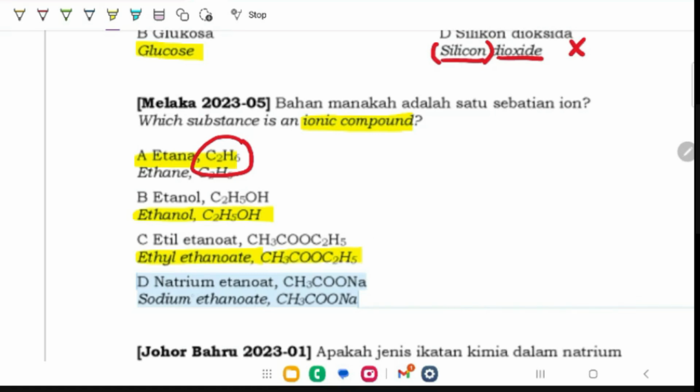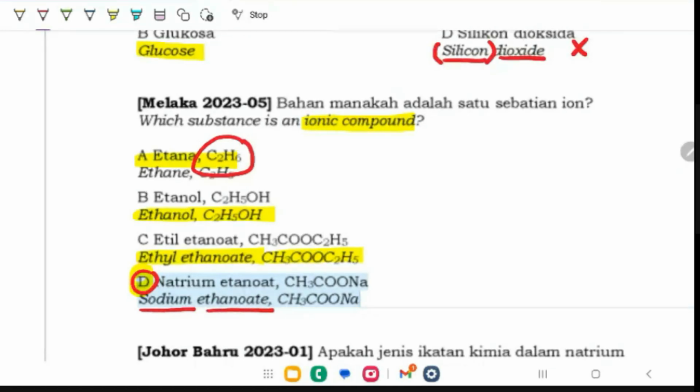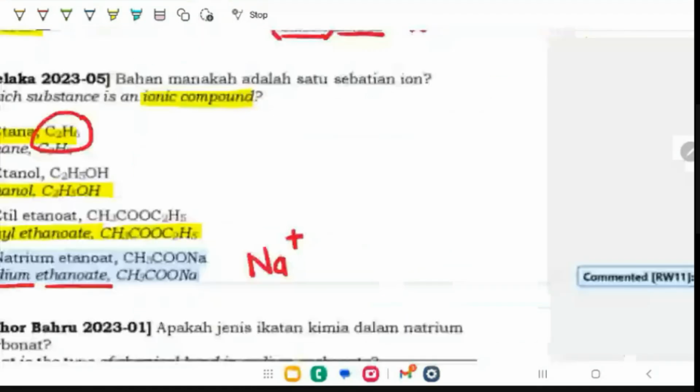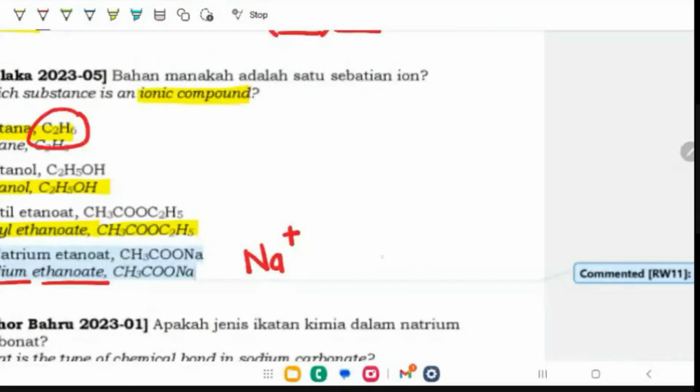Then only D is ionic, because you see here, sodium is metal, ethanoate is non-metal. Sodium is Na positive, right? The ethanoate, we learned already. So what is the formula? CH3COO negative.